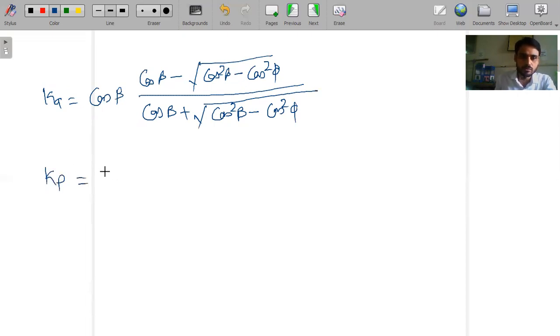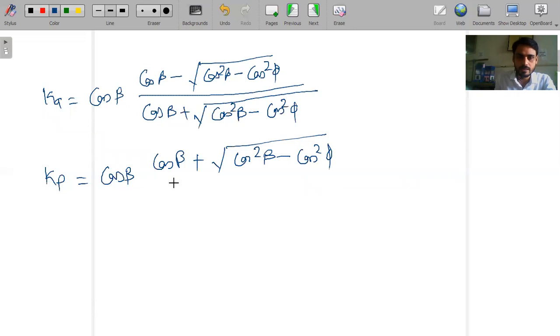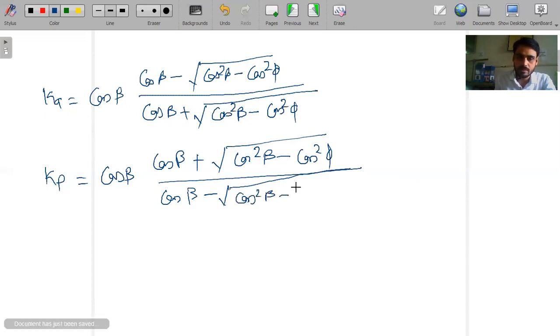Kp will be equal to cos beta plus under root cos square beta minus cos square phi divided by cos beta minus under root cos square beta minus cos square phi. So with the help of these two formulas, we can calculate the active and passive coefficient of earth pressure for the sloping filling.